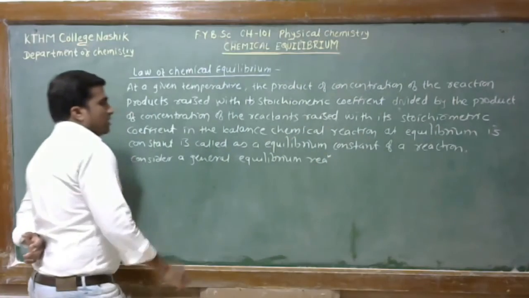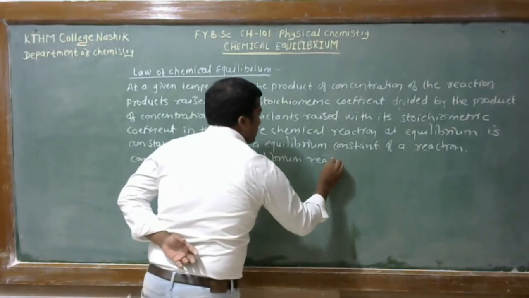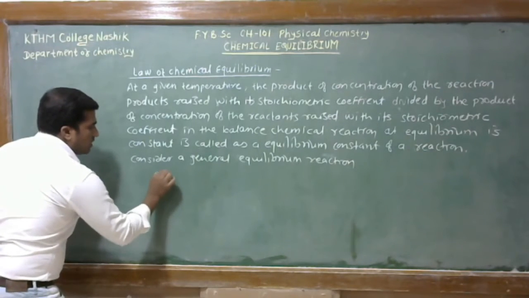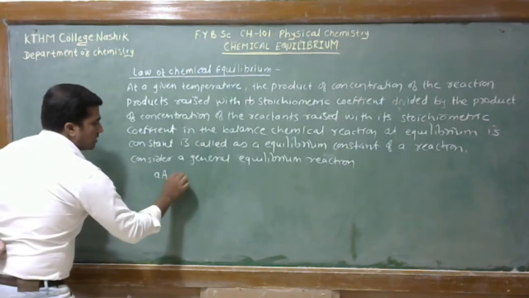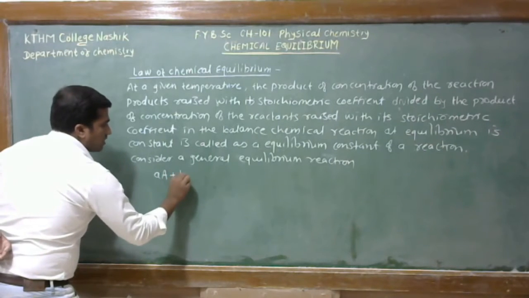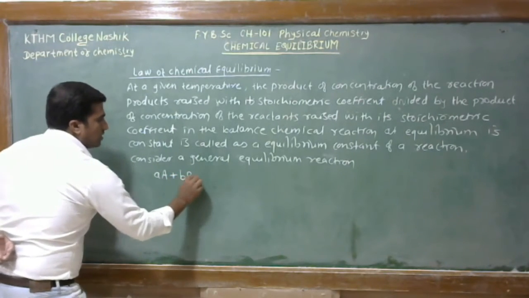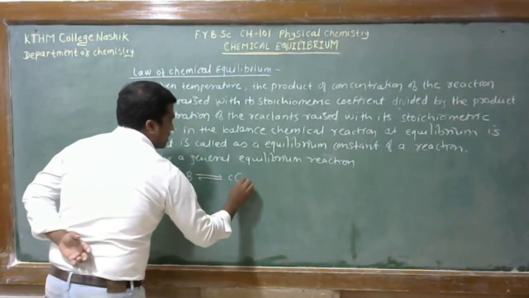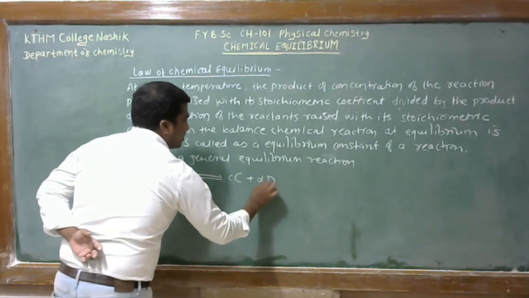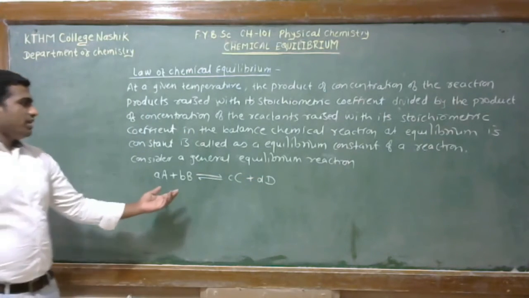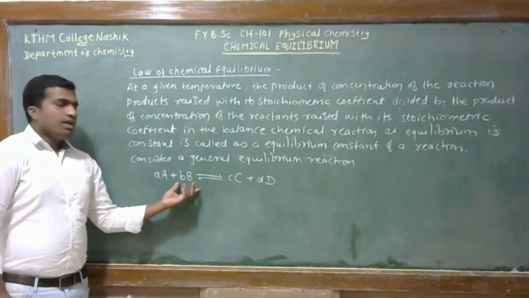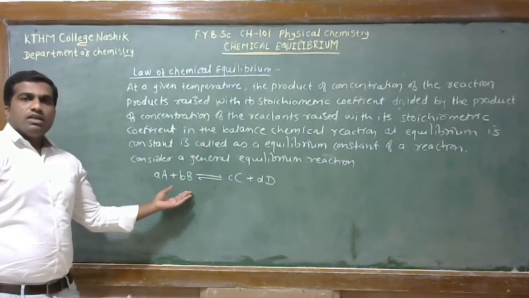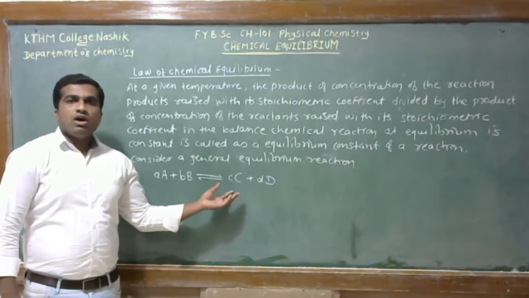Okay, consider a general equilibrium reaction, that is a small a into capital A plus small b into capital B. It gives small c into capital C plus small d into capital D. So this is the reaction that exists in equilibrium. Okay, so friends, in the last lecture we have seen the law of mass action.